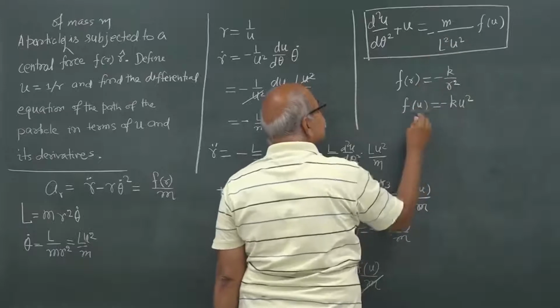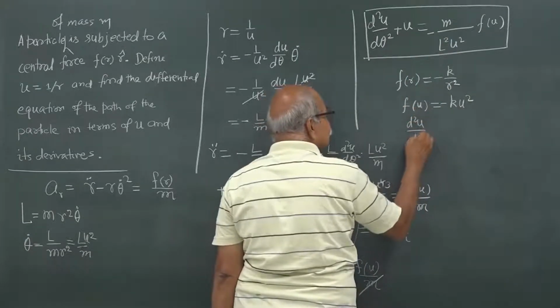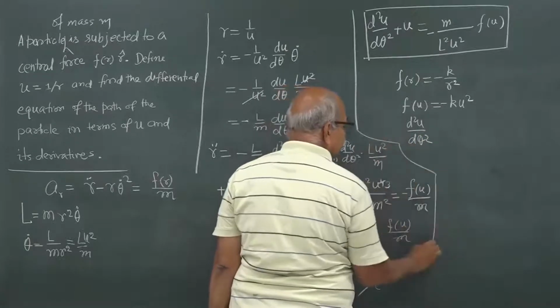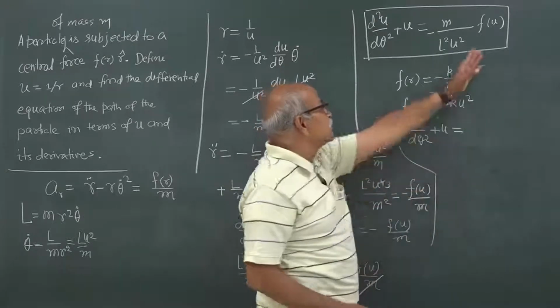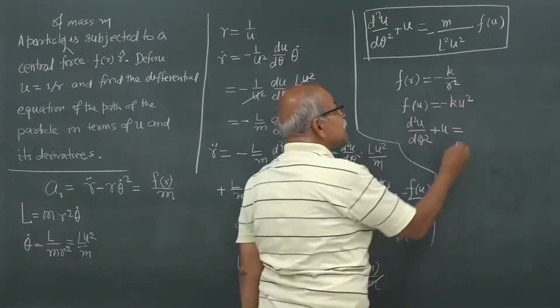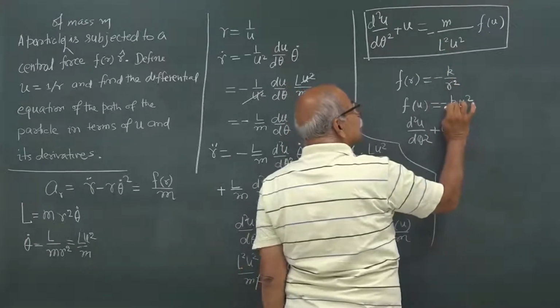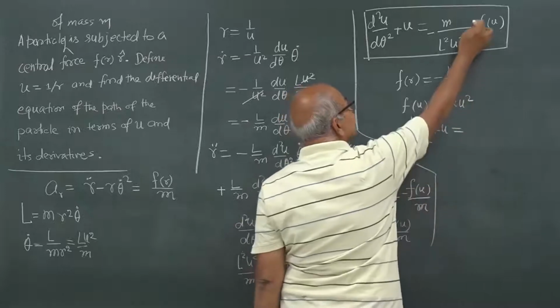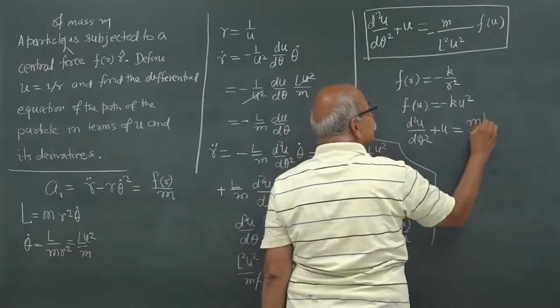If you put it there, your equation will be d2u d theta square plus u equal to, in place of this f u, you write minus k u square. So, this minus and this minus will become plus, and then you have k u square. So, u square will cancel, k will be there. So, it will be mk by L square.